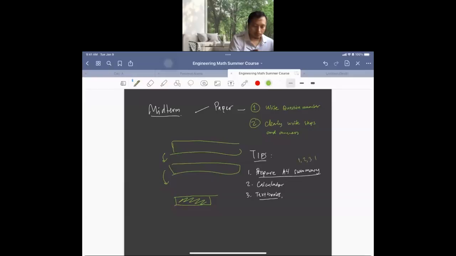So you can prepare an A4 summary, or 1, 2, 3, any number of papers you want. Since we have so much content, I don't mind. You can have your own summary paper. Any other questions?